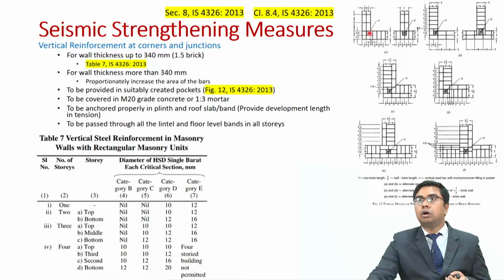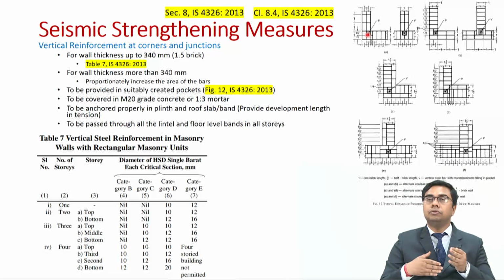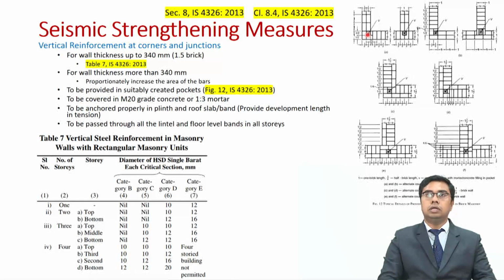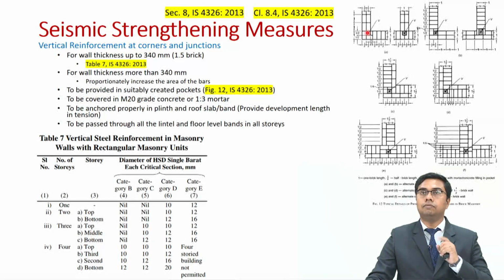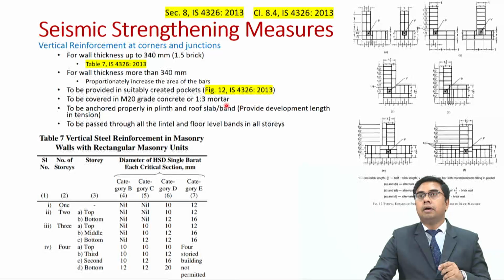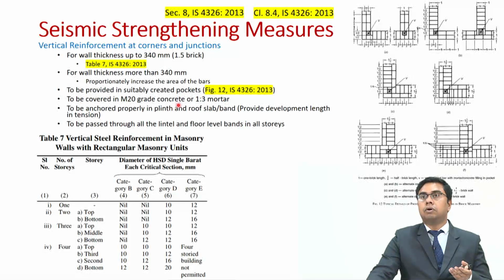How do you create a pocket? You arrange your masonry unit in such a way that there is a pocket which runs all throughout the height of the building, and in the pocket you provide one reinforcement in each pocket, and that reinforcement has to be embedded or covered by M20 grade concrete or 1:3 mortar or a higher grade concrete or mortar, and this reinforcement has to be anchored properly in plinth or roof slab.